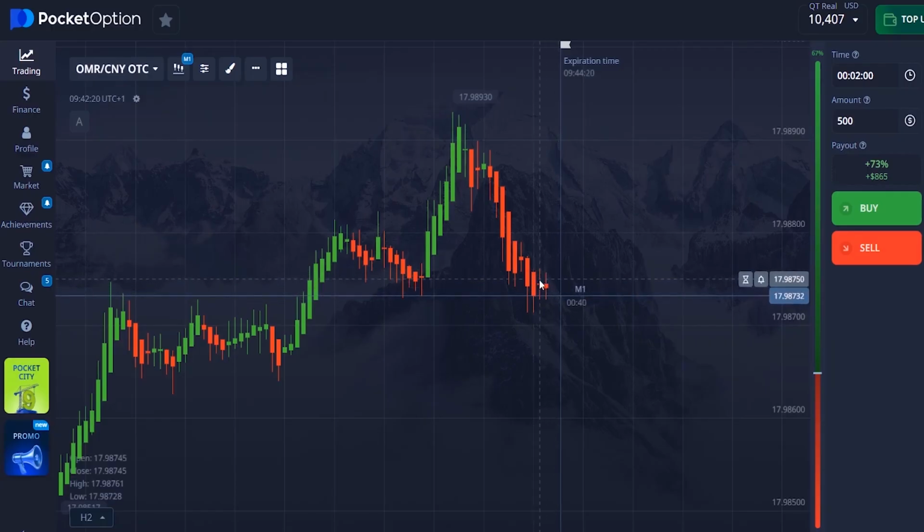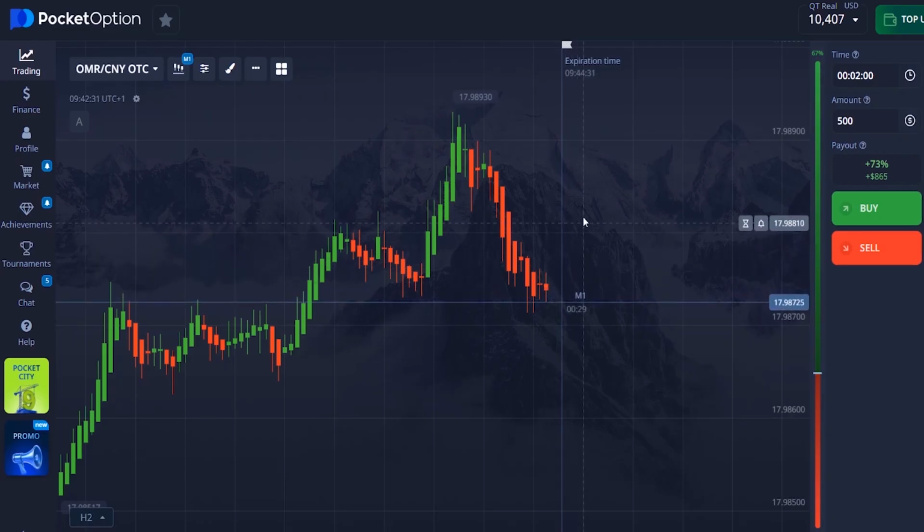Once I'm able to confirm it with a stronger bullish candlestick, then I can go for an up position.